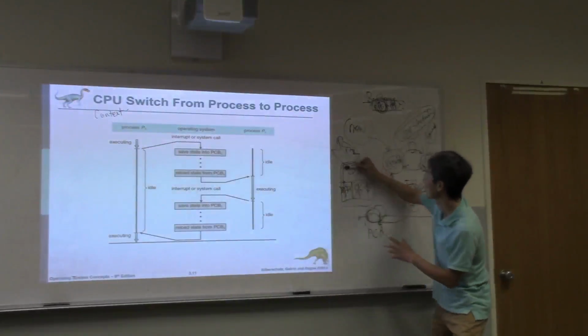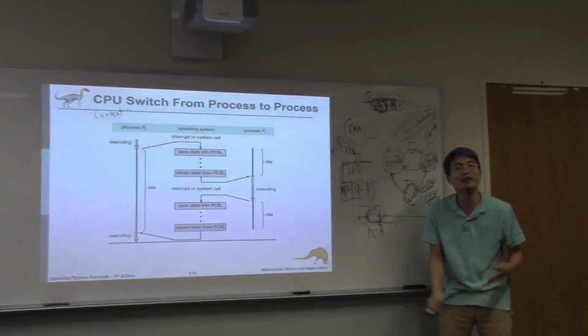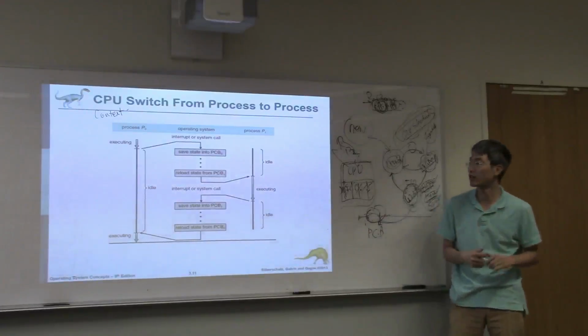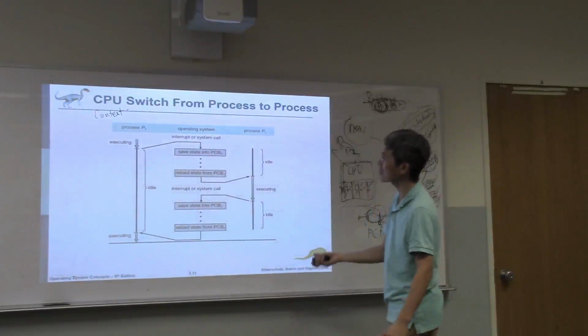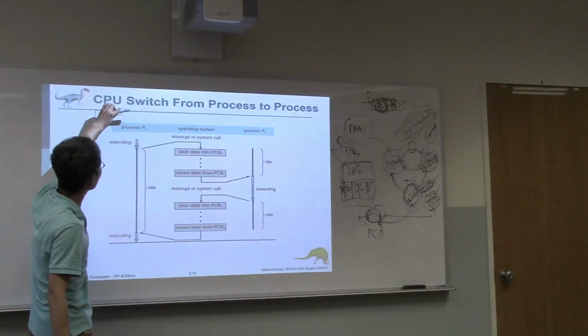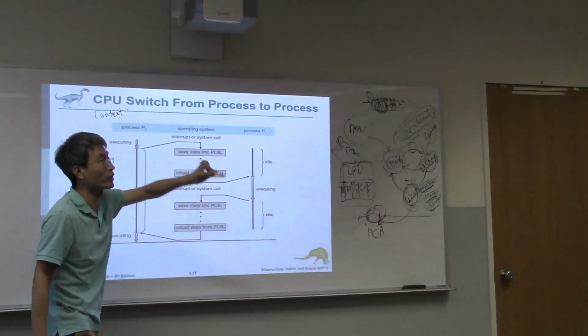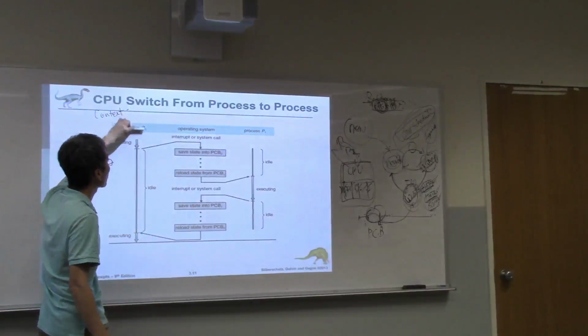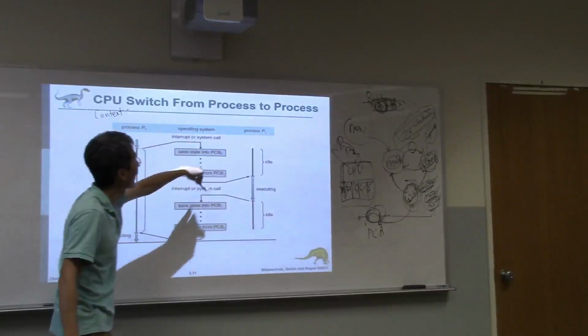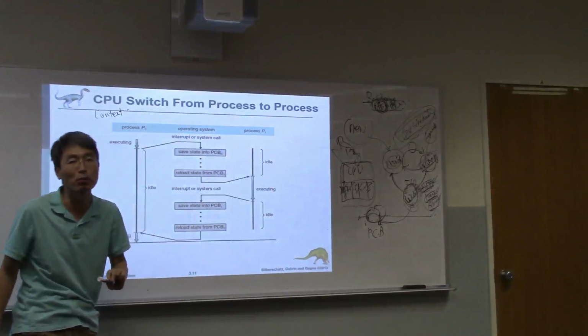So we switch all the information about the CPU for the new process. How it works is simple. Let's say we are going to explain the context switch between process 0 and process 1. The current process is process 0, and the next new process is process 1.